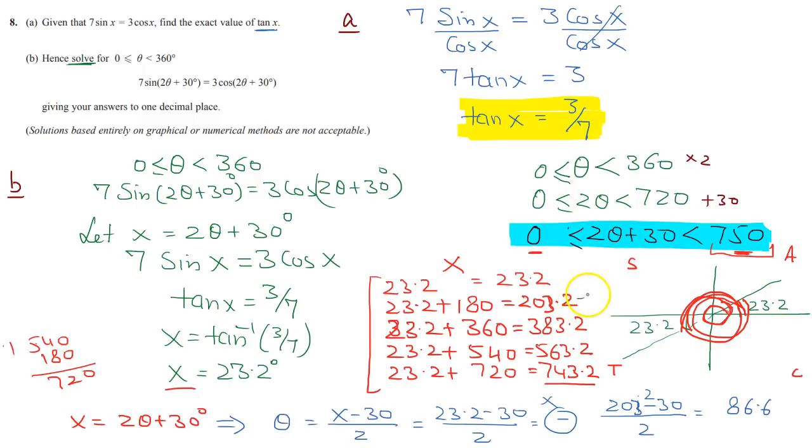If you take each value, minus 30, divide by 2, for all of these you will get this 86.6, then 176.6, 266.6, and the last value you will get is 356.6. You have to be very careful about the calculation.